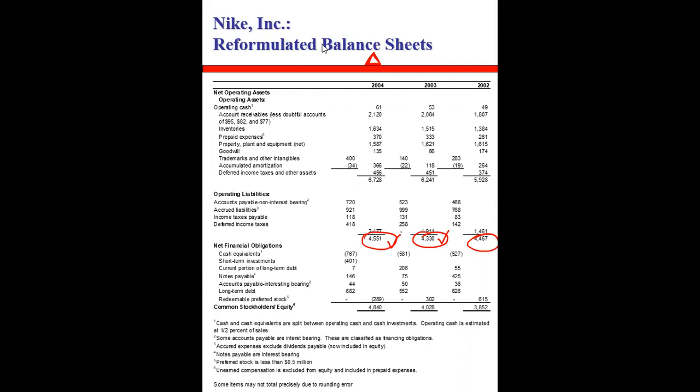What do you think? More investment in operating asset, more investment in working capital? Fine. So let's take back this number, which is 221.